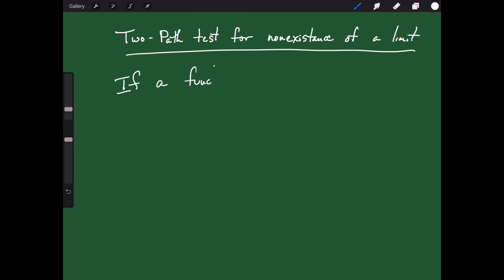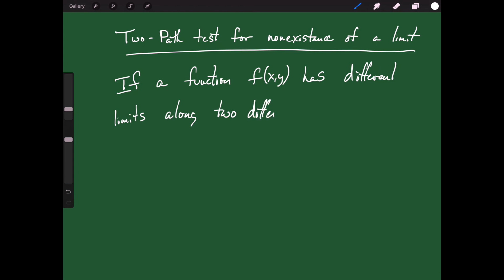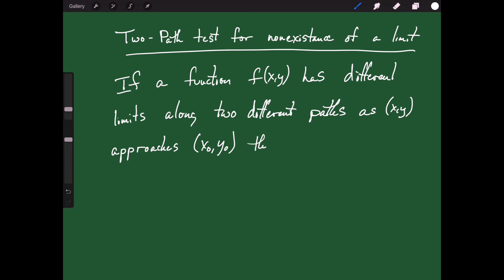If a function f of x, y has different limits along two different paths as x, y approaches x0, y0, then the limit as x, y approaches x0, y0 of f of x, y does not exist.